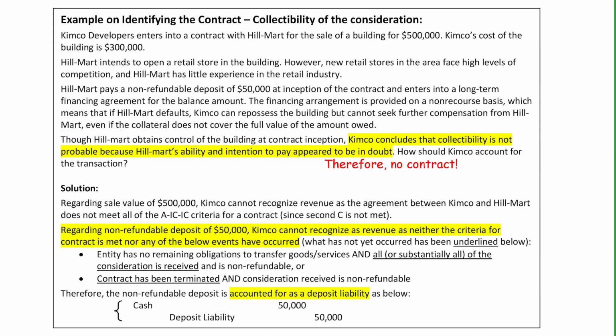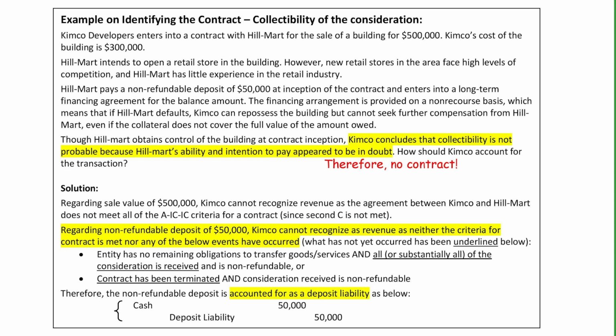Now, Kimco is going to recognize revenue on this agreement only when either one of the two conditions is met. So what's pending right now is either Kimco receives all the consideration from Hillmart, so Hillmart pays the entire $500,000 or the remaining $450,000, or the agreement between Kimco and Hillmart gets terminated.